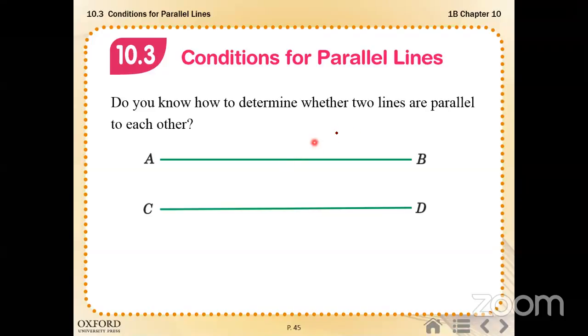You cannot just say that they are parallel because they look like they are parallel. You have to give some evidence. It means we are asking these questions: is AB parallel to CD?